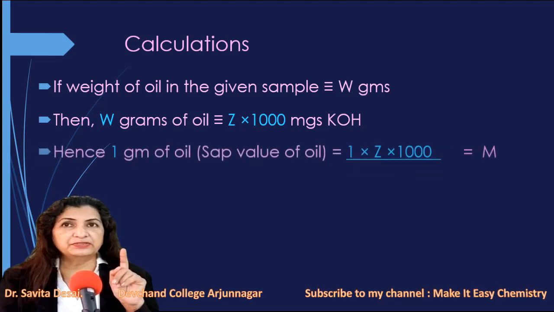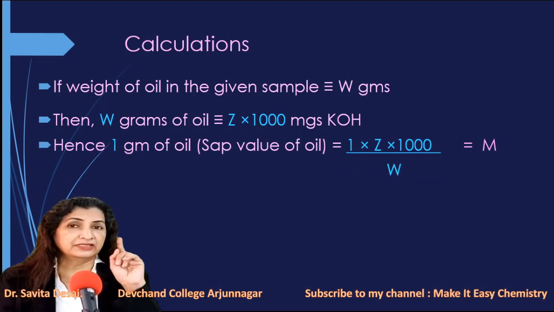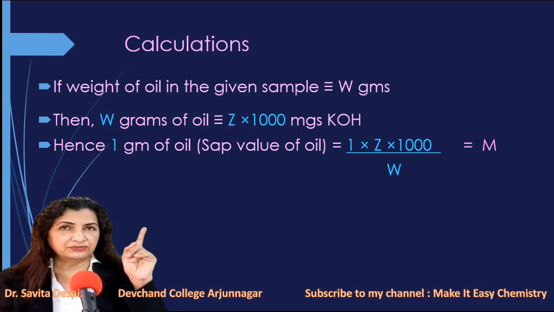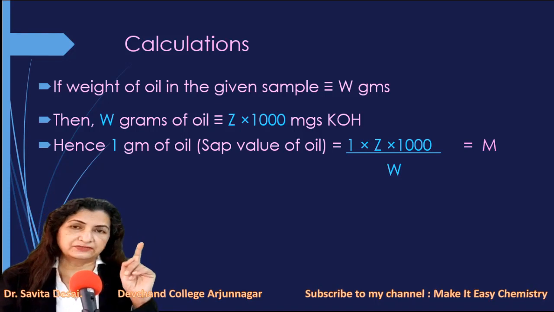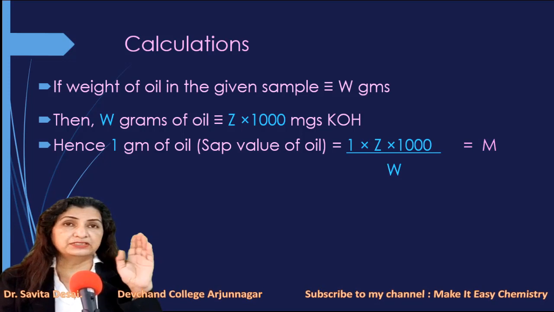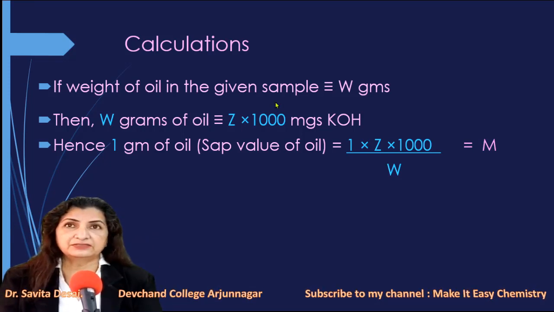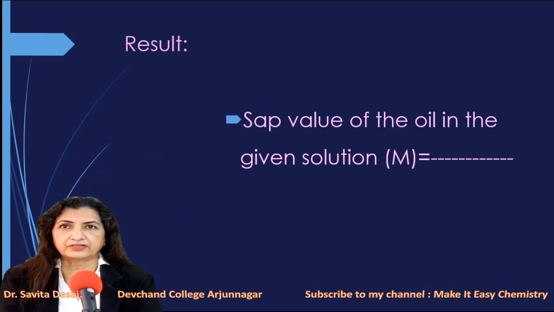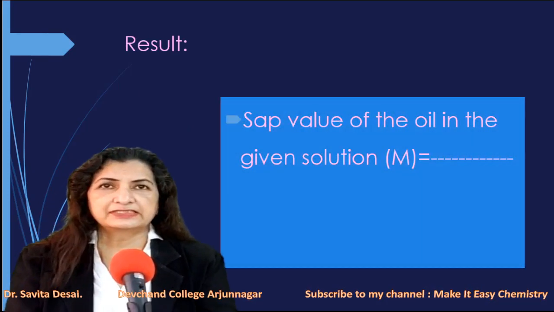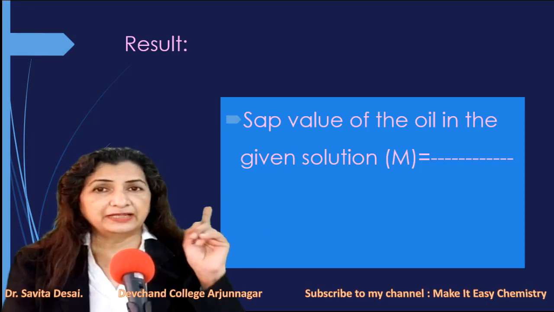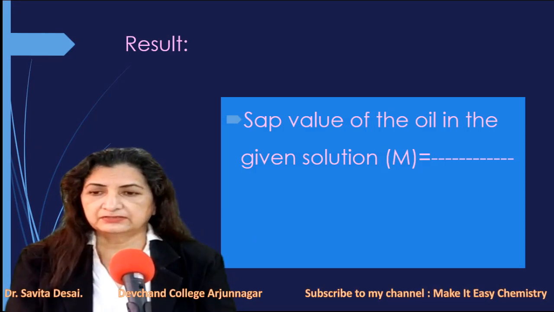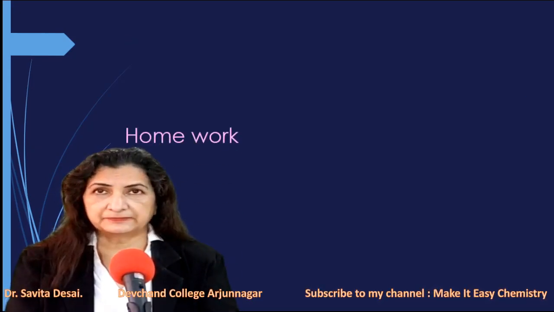Then how much would be the amount of KOH required for the hydrolysis of 1 gram of the given oil? That is equal to 1 into Z into 1000 divided by W. A very similar cross calculation. This is going to be the saponification value, equal to M. So the result of the experiment is: the sap value of the oil in the given solution, M, is equal to so and so, whatever it comes after the calculation.